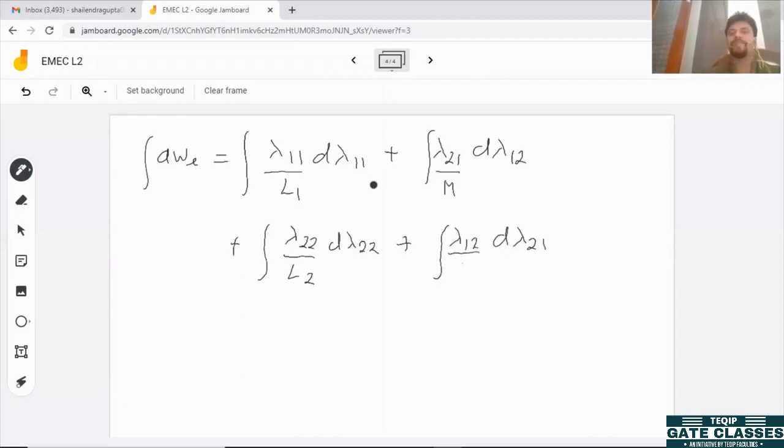Here in mutual inductance both flux linkages should come into the picture, because these are due to both coils, so both flux linkages will come out.